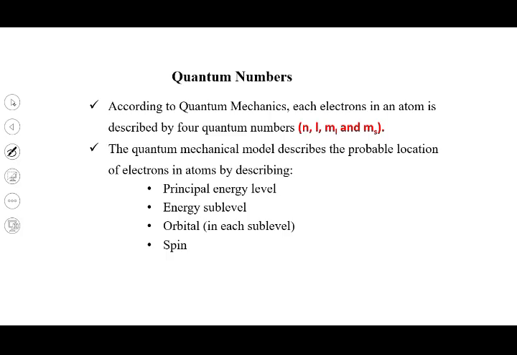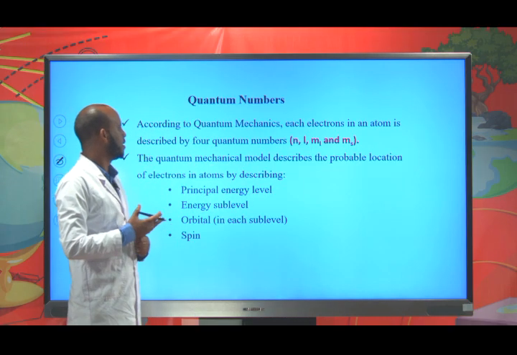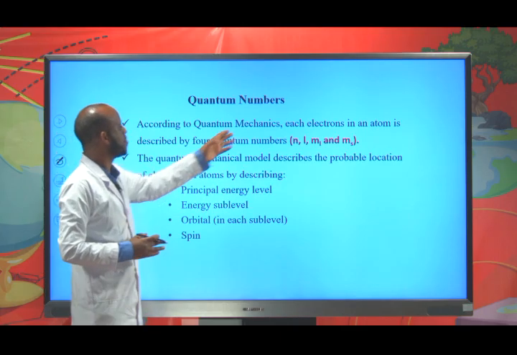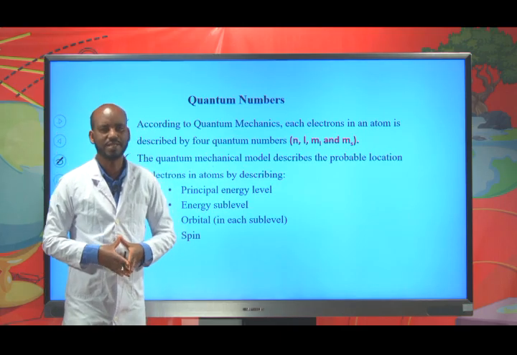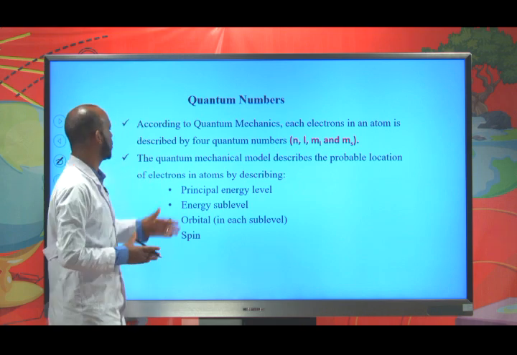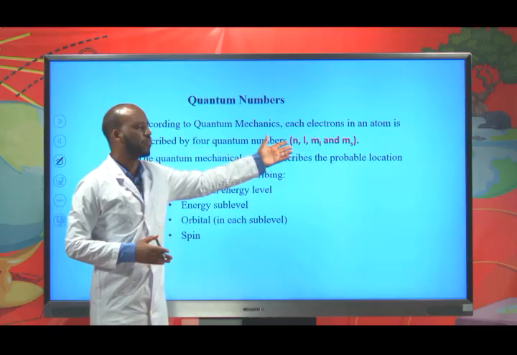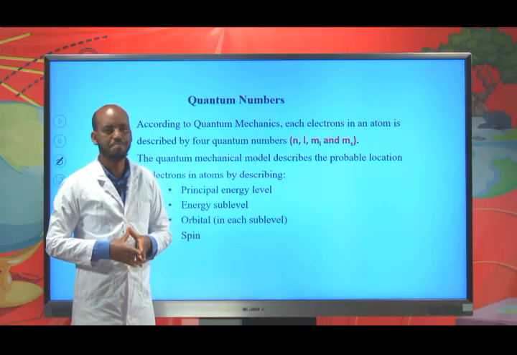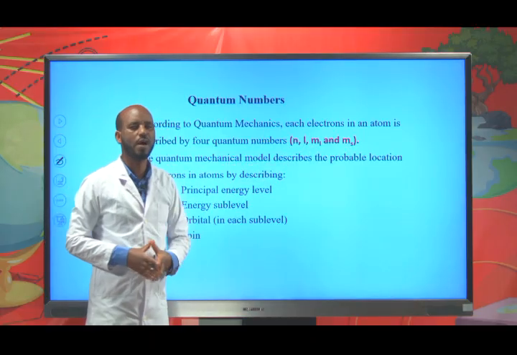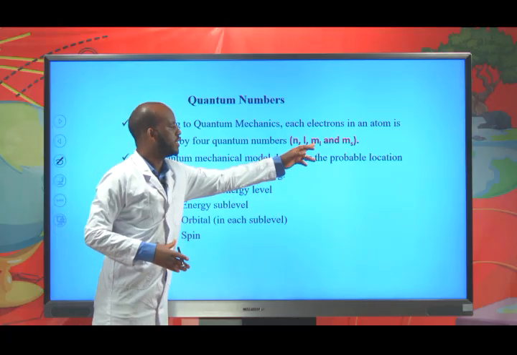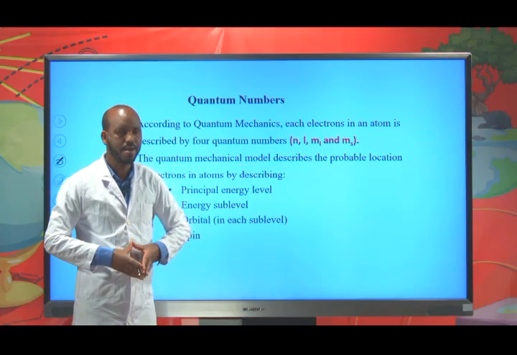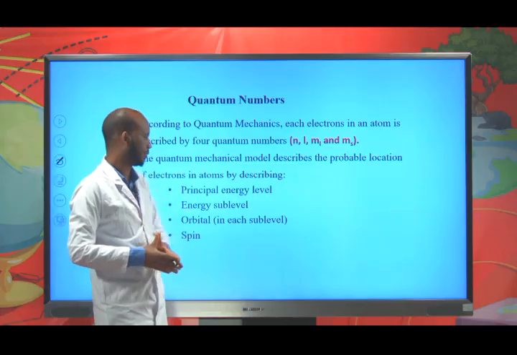Quantum numbers. According to the quantum mechanical model, or quantum mechanics, each electron in an atom can be described by 4 quantum numbers. These are the principal quantum number, the azimuthal quantum number, the magnetic quantum number, and the spin quantum number.